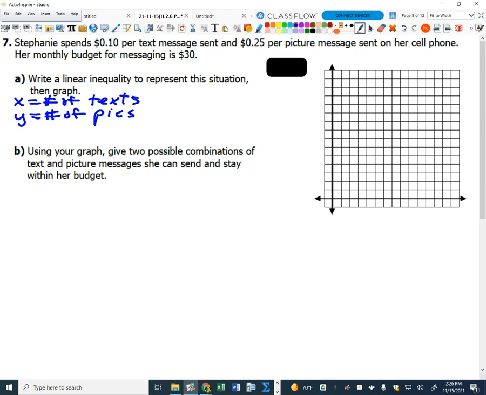And then how could we come up with an expression for the amount of money she's spending on texts and pics? What's her total expense going to be, the total cost of all her text messages and pictures?